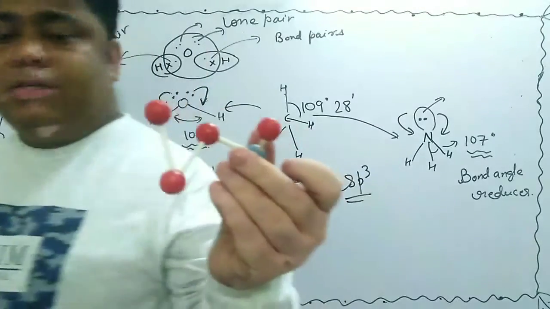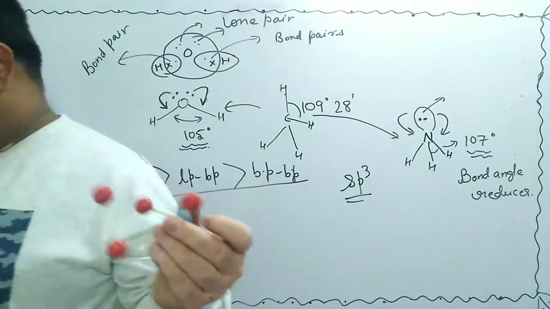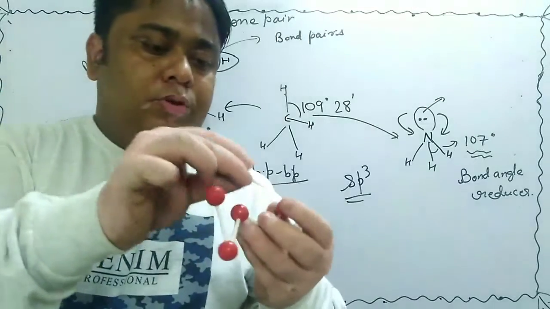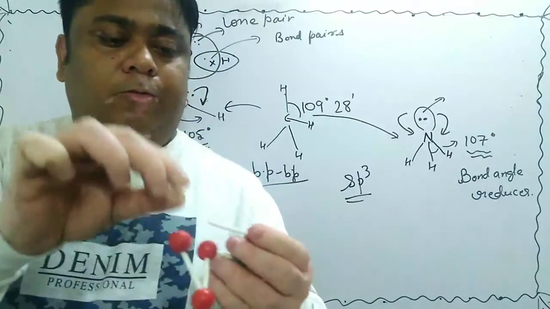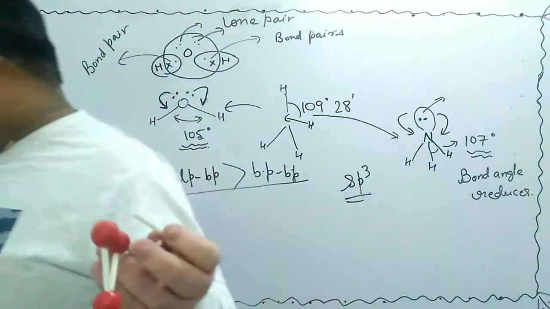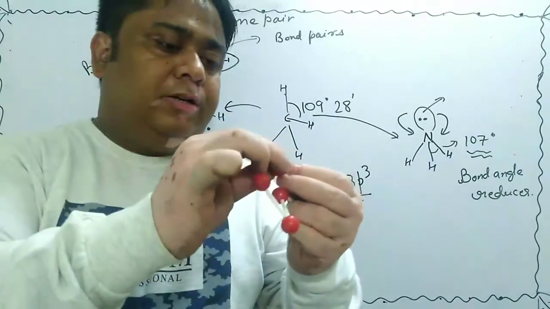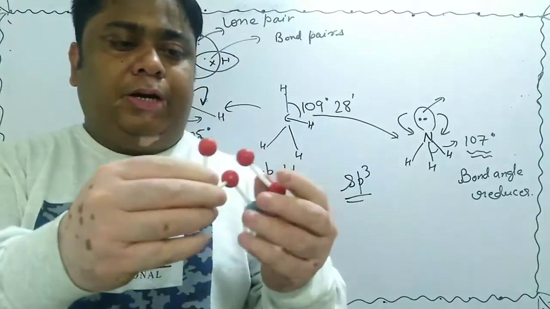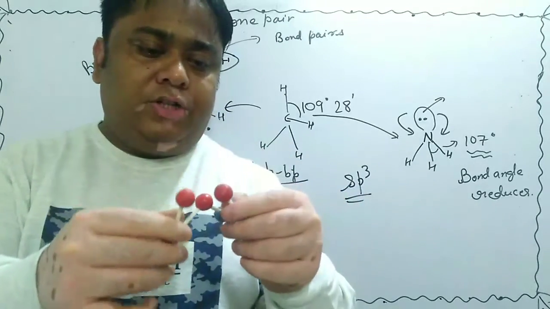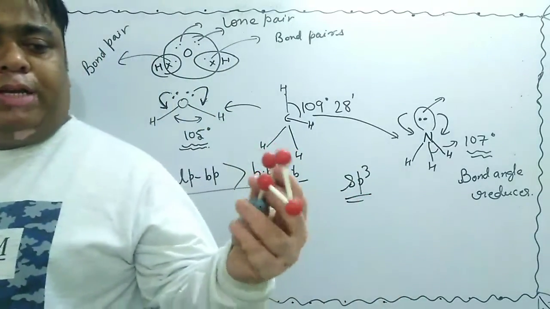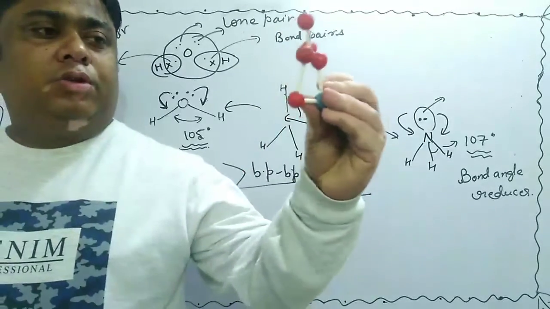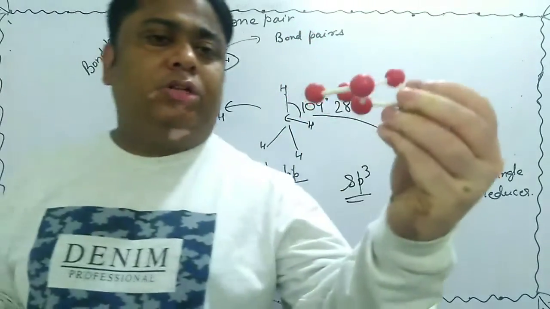So it is forming a zigzag shape kind of a molecule. This is only possible when the elements can undergo catenation. Okay, catenation. What is the meaning of catenation? Catenation is the property by virtue of which a molecule forms a long chain of molecule. So the molecules can also form a long chain like this.